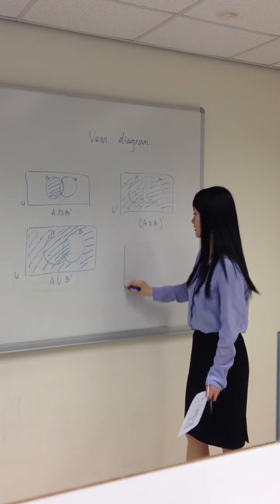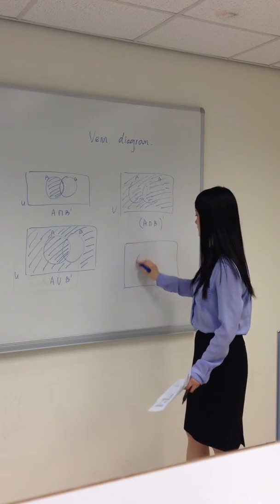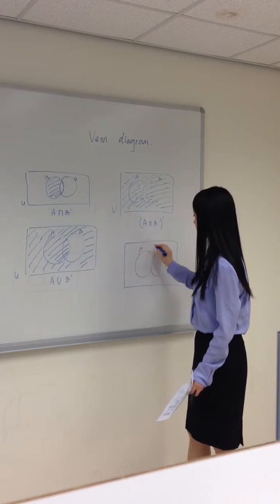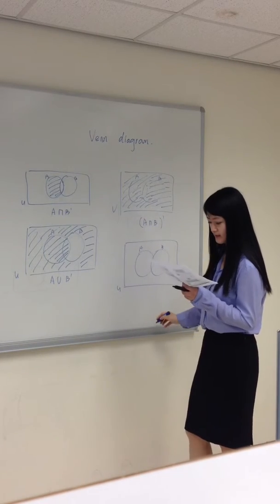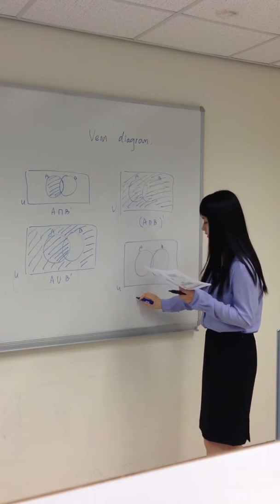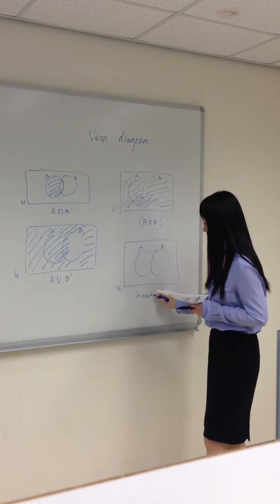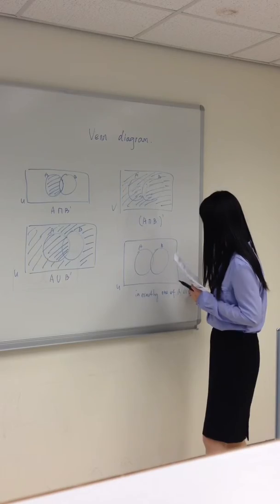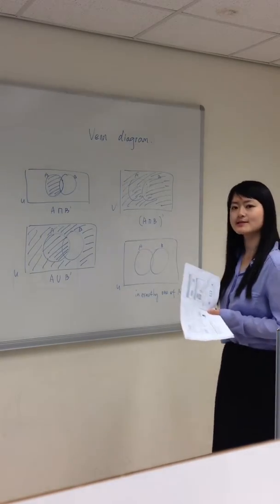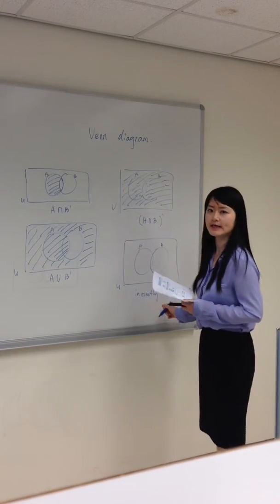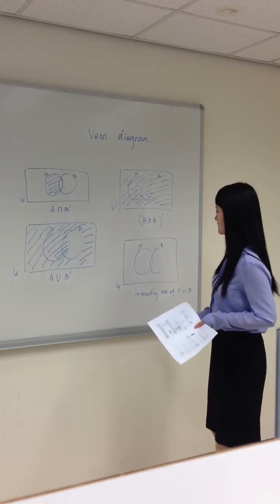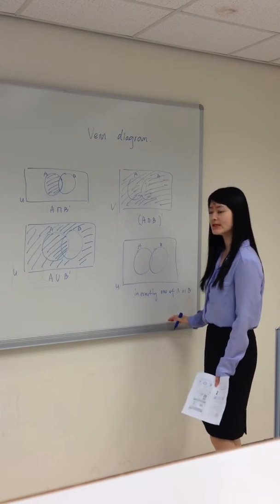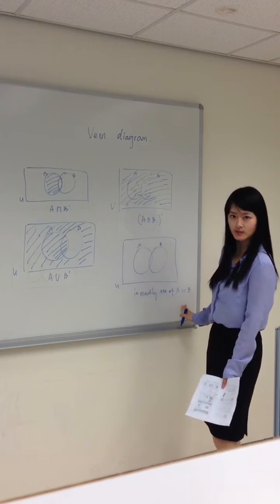The last question would be in exactly one of A or B. In exactly one of A or B, it means it cannot be in A and B at the same time.